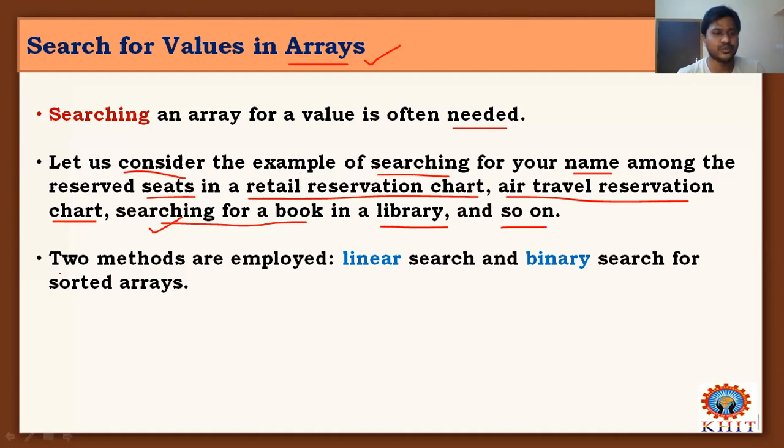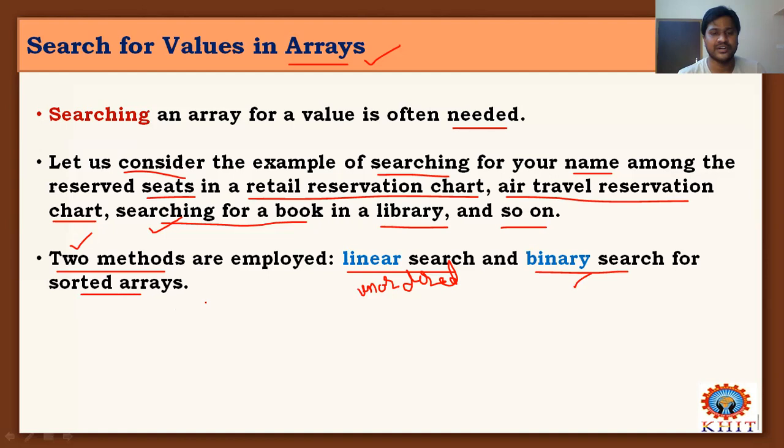There are two methods available for this searching, which you are already familiar with: linear search and binary search. Linear search is for unsorted or unordered elements, whereas binary search is for sorted arrays.